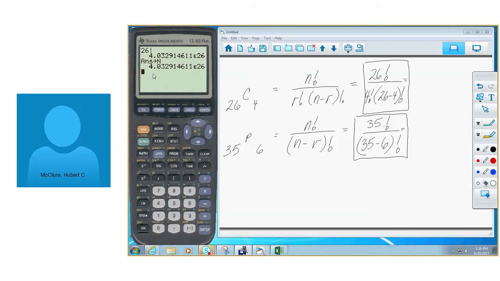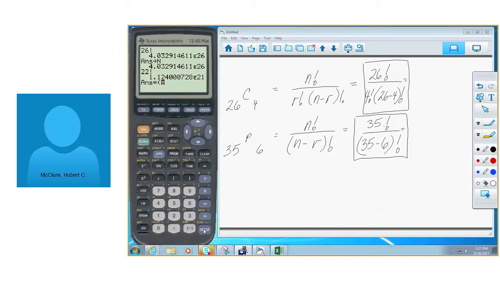Anyway, now let's do the bottom. All right, what's 26 minus 4? 22, Hubert. That's right, class. So I'm going to do second entry, and I'm going to put in 22 factorial. And I'm going to multiply that by parentheses 4 factorial. I can hit second, I don't know if it'll let me do it or not.